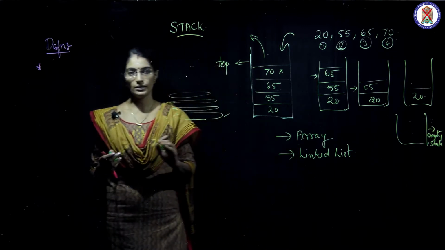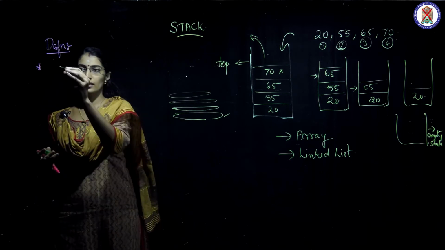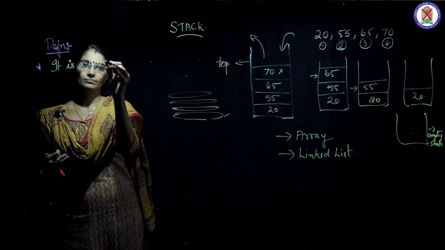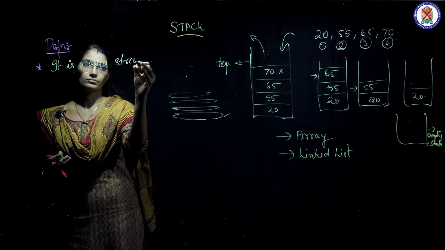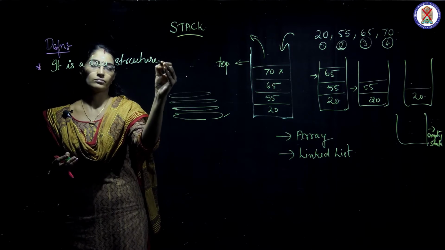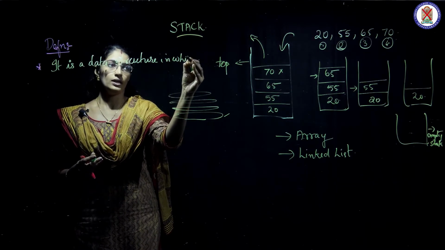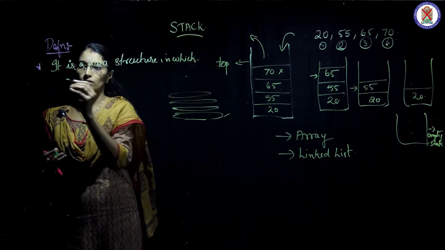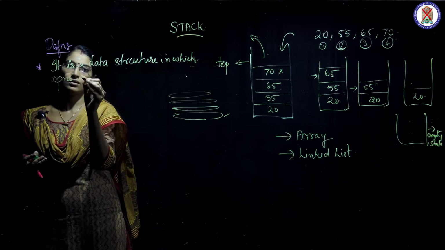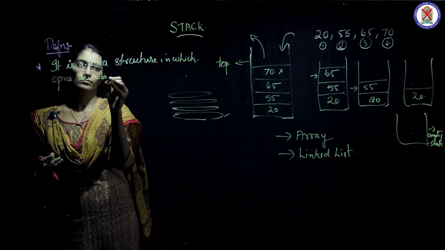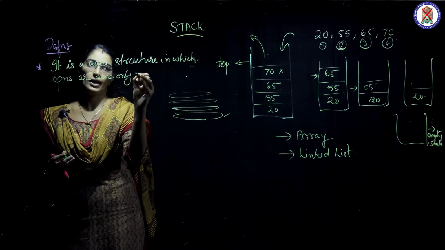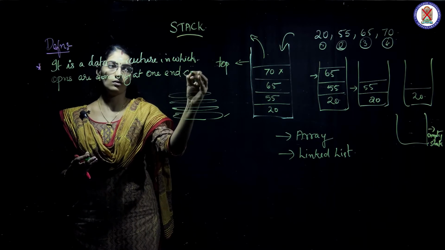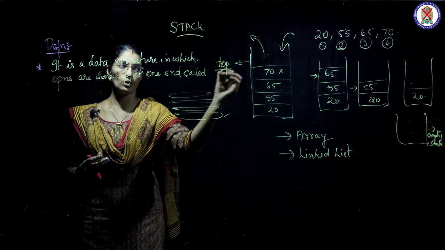So let me tell the definition. What is the definition of stack? It is a data structure in which operations are done only at one end called the top.